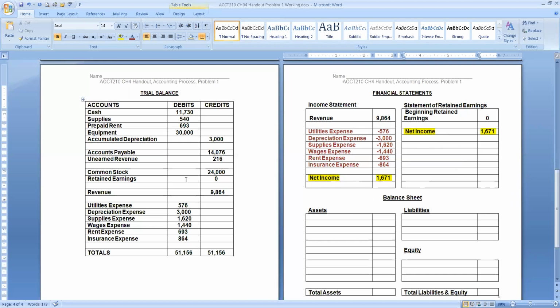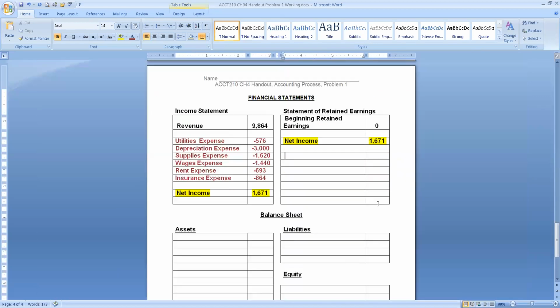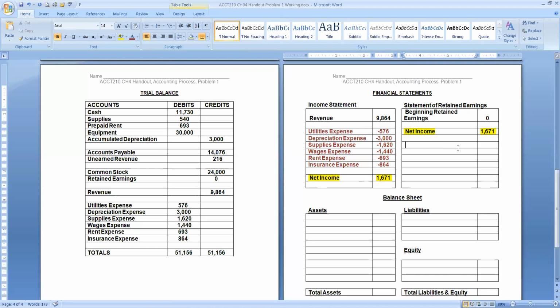We don't have any dividends. There are no dividends over here. Okay, so net income is that. Dividends, I'll put it for this fund.